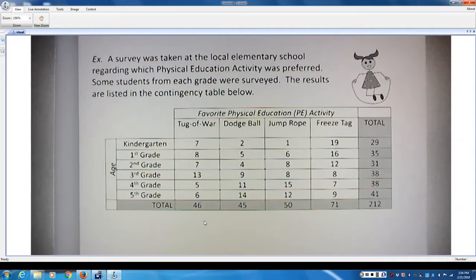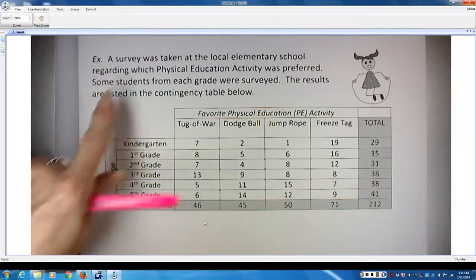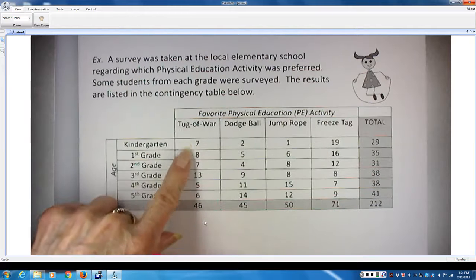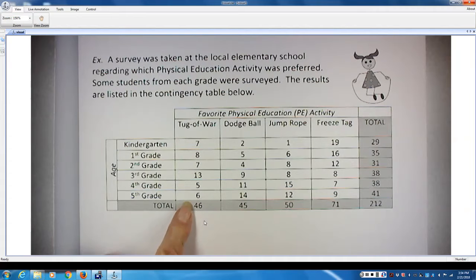This is what a contingency table looks like. And I'm going to start out by talking to you about some things that you know from reading the table. First of all, this is a survey taken at a local elementary school. They surveyed kids from all of the grades, K through 5.